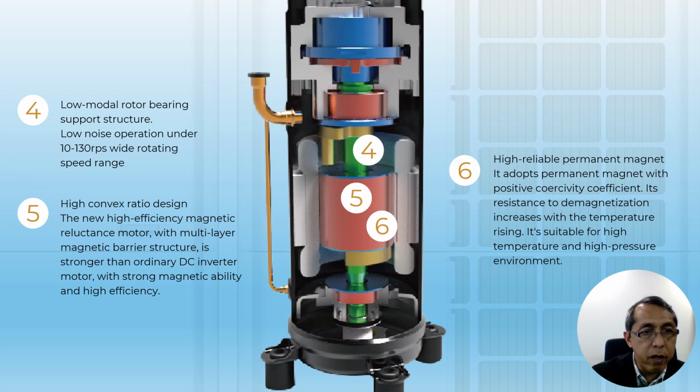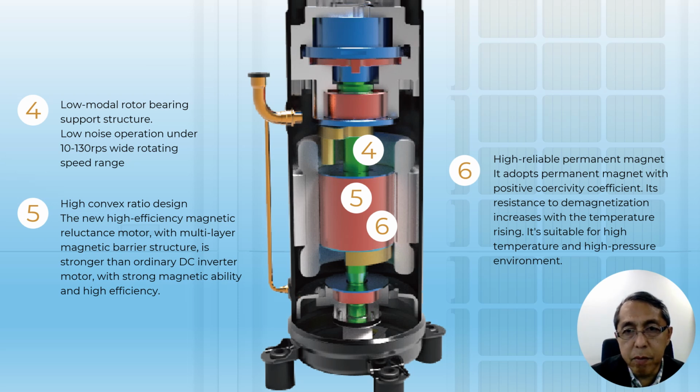And it has a high convex ratio design for the new high efficiency magnetic reluctance motor with multi-layer magnetic barrier structure, which is stronger than an ordinary DC inverter motor with strong magnetic ability and high efficiency. It also uses a highly reliable permanent magnet with positive coercivity coefficient.